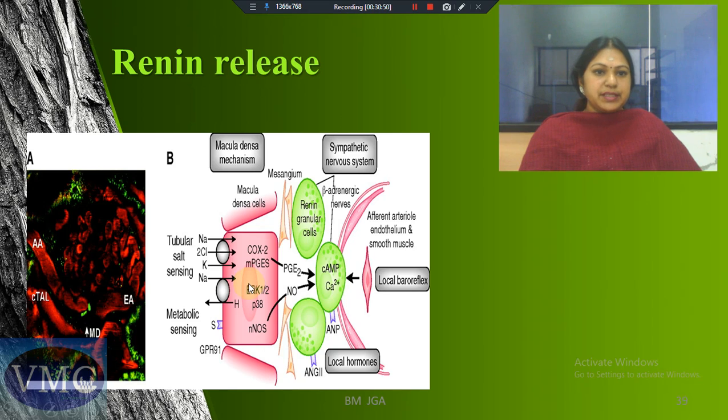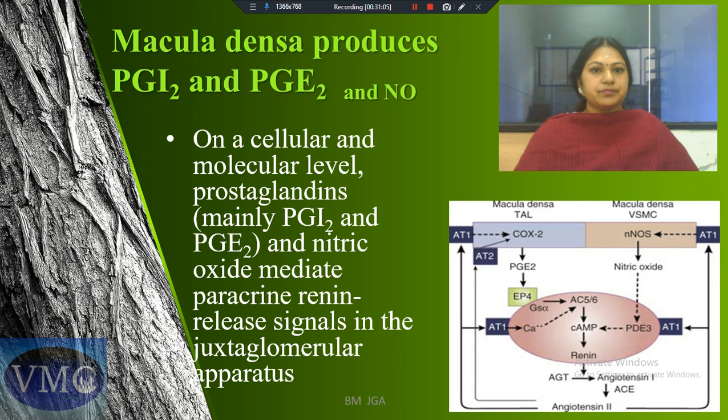So most important here, how renin release occurs because of the macula densa stimulation, is by the action of prostaglandin E2 and I2 as well as nitric oxide acting on your juxtaglomerular cells. So the macula densa produces prostaglandin I2 and E2 and nitric oxide. These are the ones which mediate paracrine renin release signals in the juxtaglomerular apparatus. So here you have the macula densa, you have prostaglandin E2 and nitric oxide, and this acts on the cells to secrete your renin.